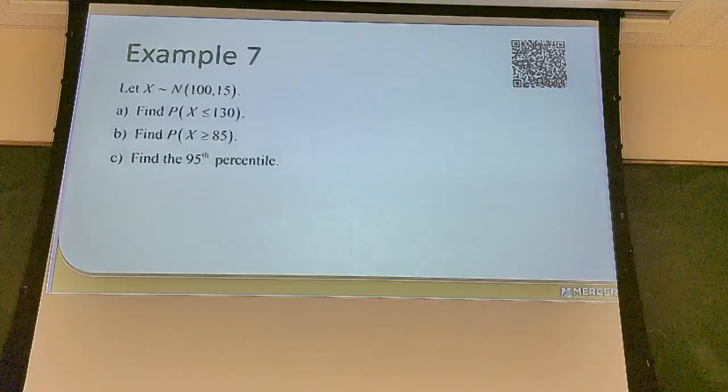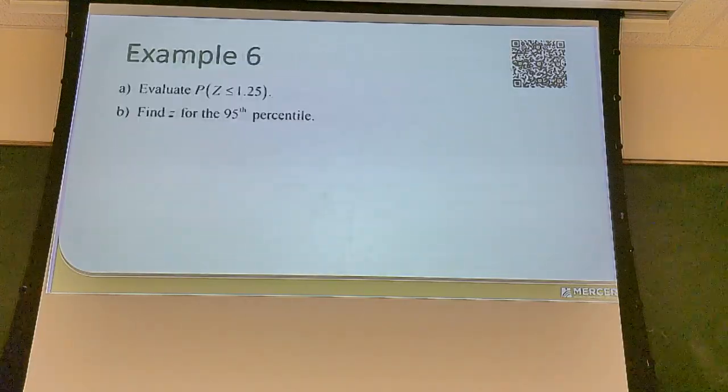That also shouldn't be there. Probability that z is less than or equal to 1.25.